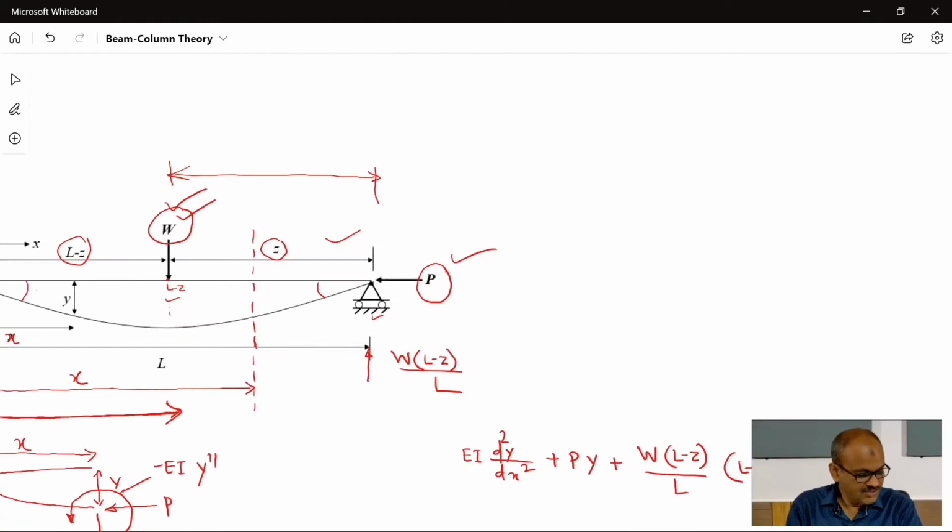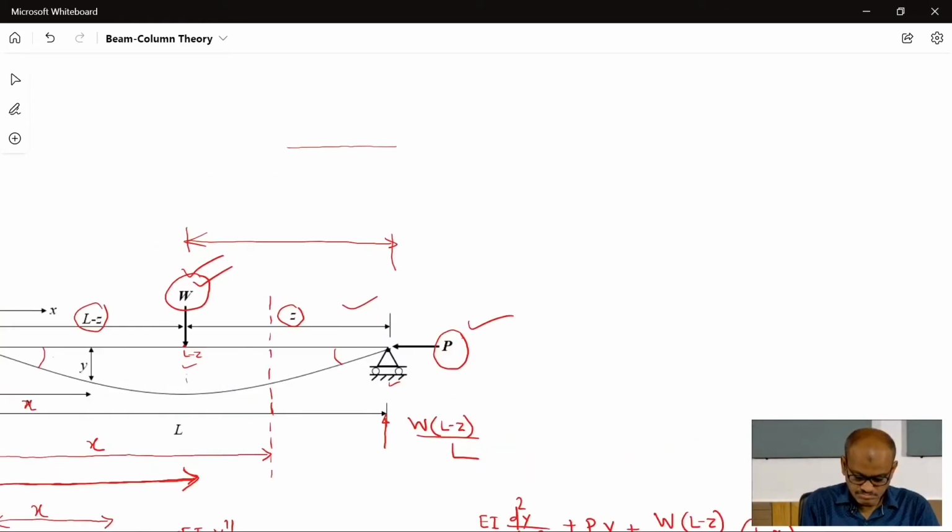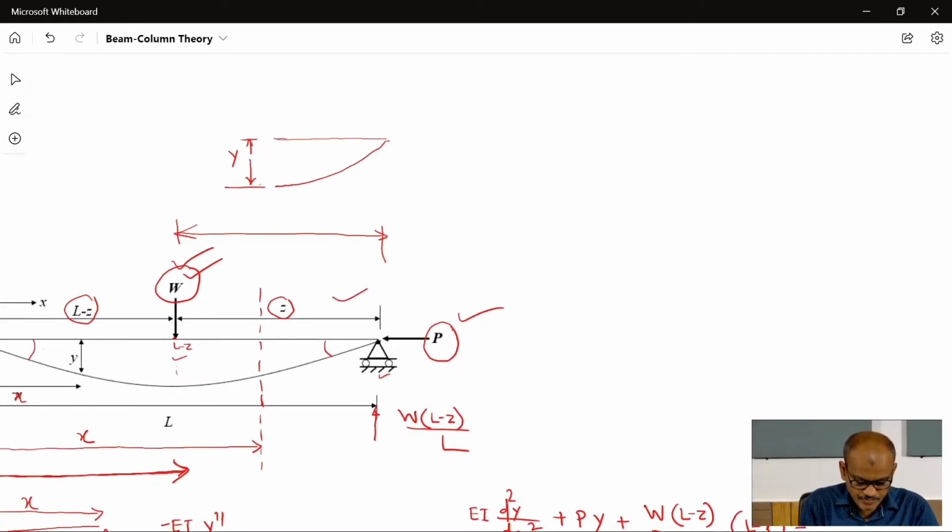If we write the equation for this right part, this is the distance y and this is the applied load P, and this is the same P. Here the shear force is W into L minus Z divided by L, and this is opposite.